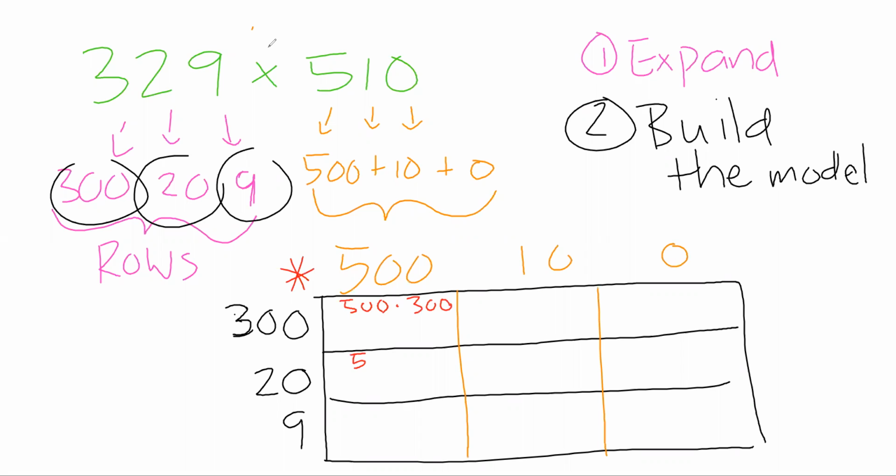And then I'm going to stay in this column of 500, and I'm going to move down and multiply it by this row of 20, and then this column of 500 multiplied by this row of 9. Now I'm going to move over to my next column, which is going to be 10 times a row of 300, a column of 10 times a row of 20, and a column of 10 times a row of 9. And then this column, this will be easy for us because we're actually taking a column of 0 and multiplying it by rows.